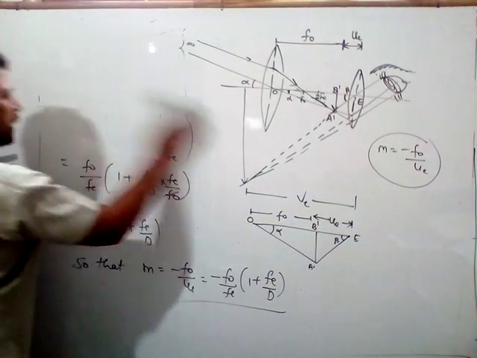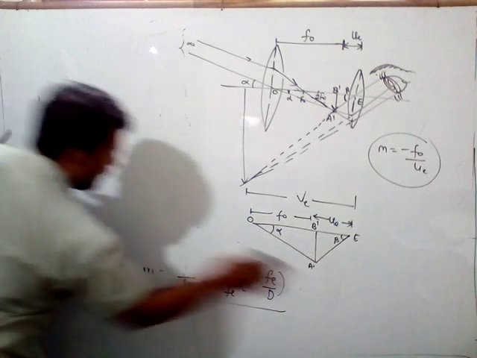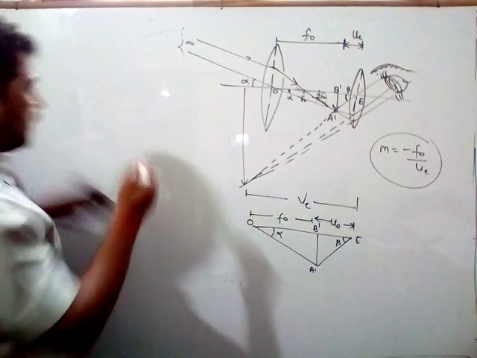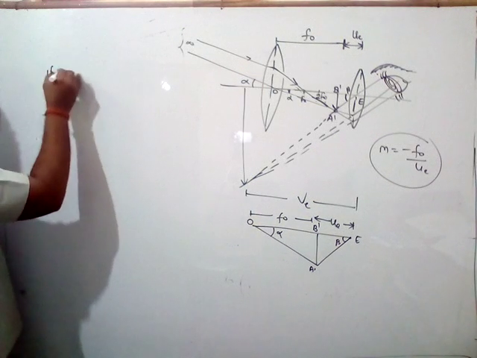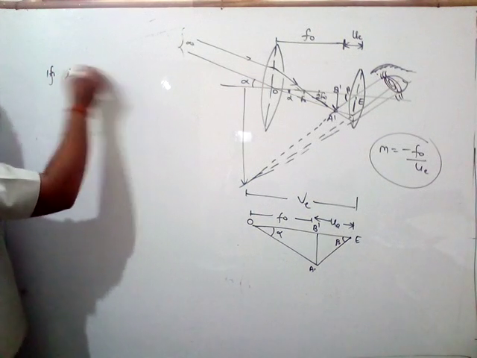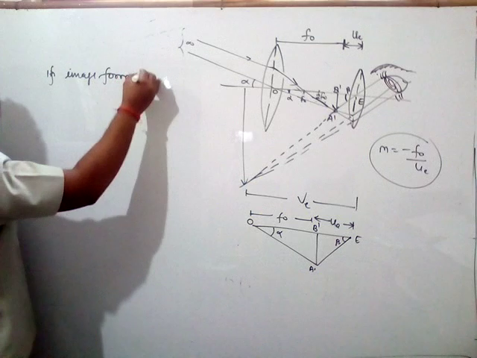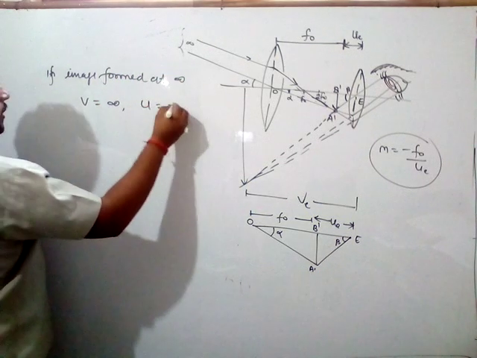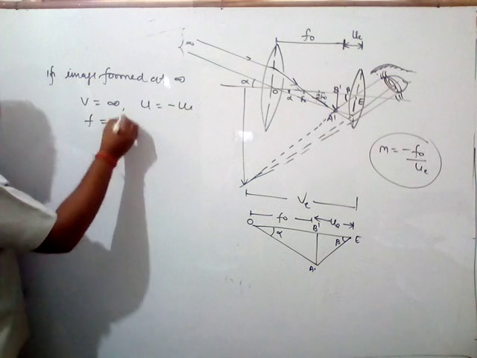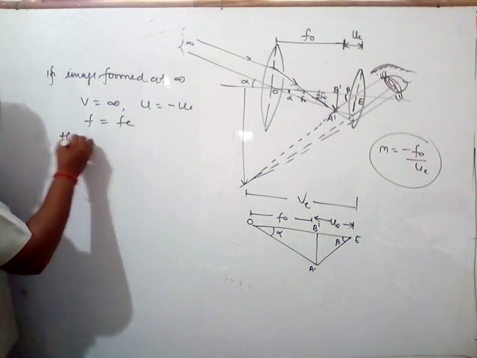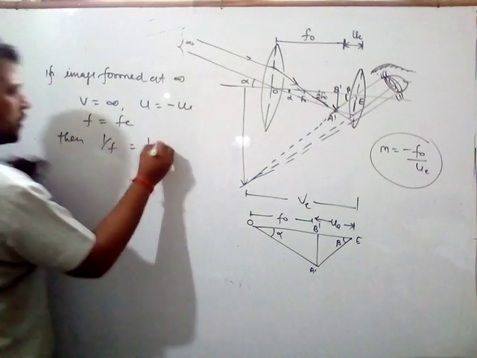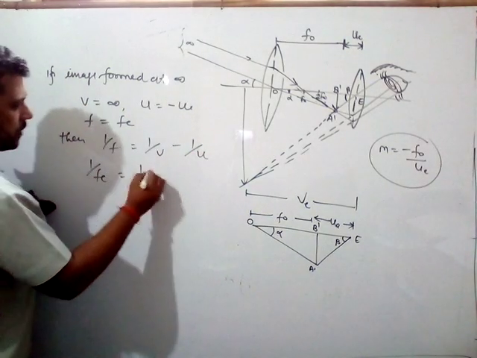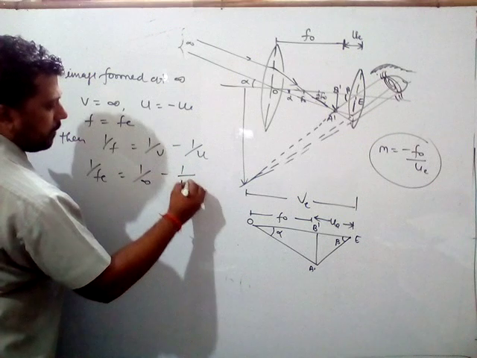And the next condition is whenever the image is formed at infinity, that is V equals infinity, U equals minus UE and F is equal to FE. Then 1 by F is equal to 1 by V minus 1 by U. So 1 by FE is equal to 1 by infinity minus 1 by UE.